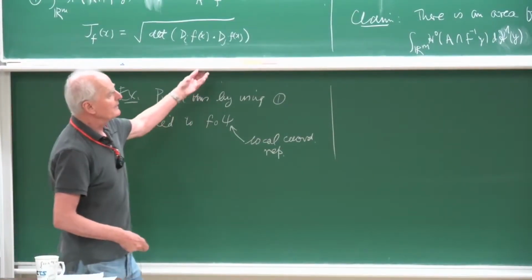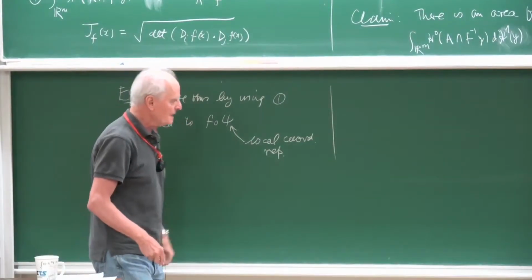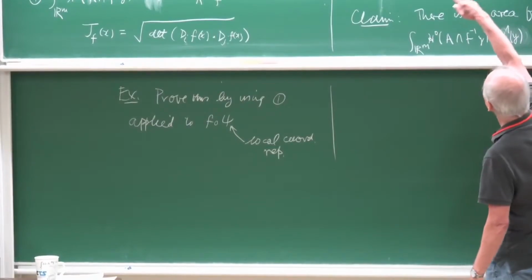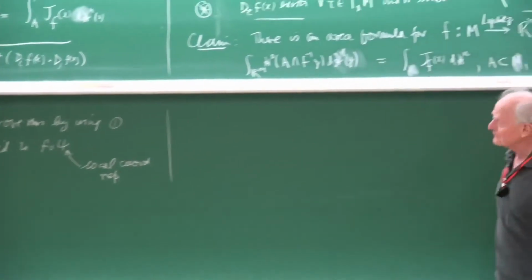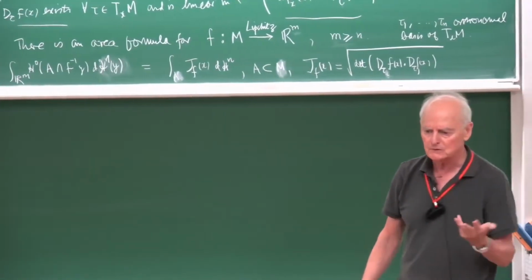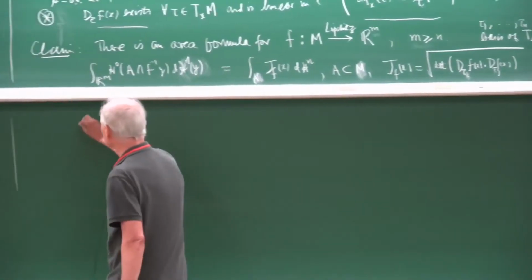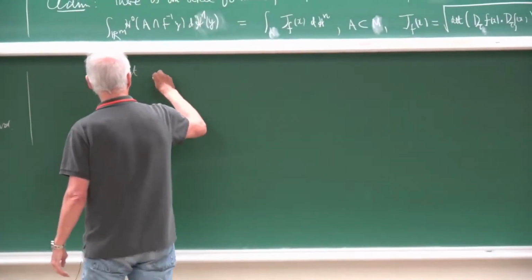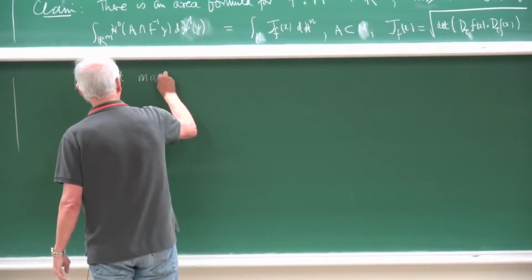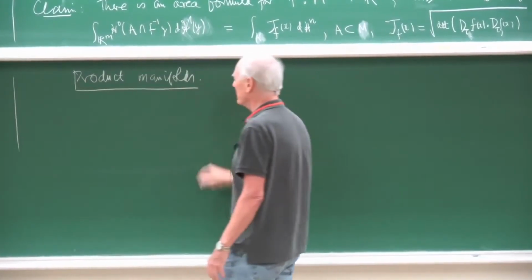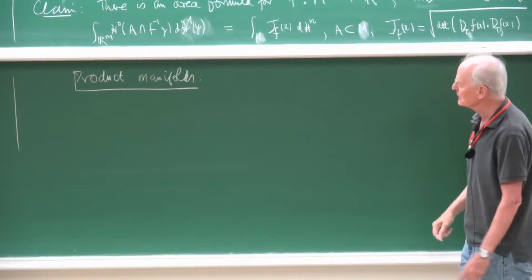Now there's one other thing I want to mention, and that is, when we're talking about submanifolds, the Cartesian product of two submanifolds, or product manifolds. That's rather important. In fact, we'll make use of it a bit later when we talk about currents.